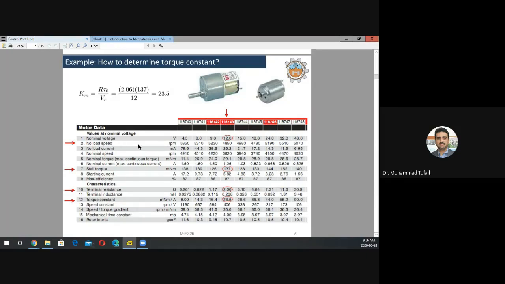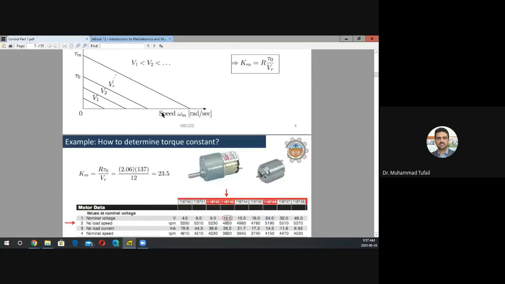One is nominal voltage, which is what you can call your rated voltage, 12 volts. And then the no load speed is your maximum omega, the far end of this curve here.